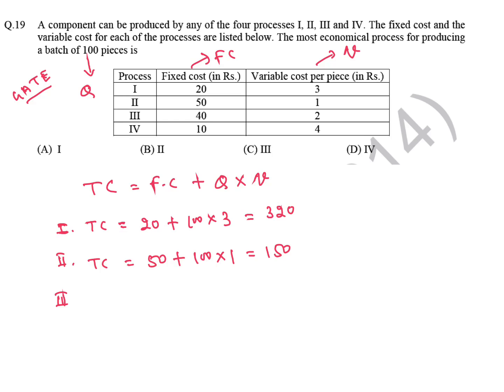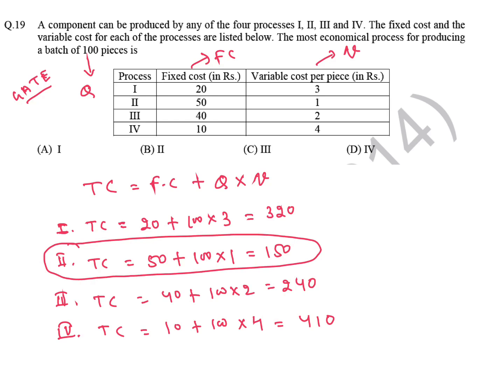Then for the third, total cost is 40 fixed cost plus 100 into 2. You will get 240 rupees. Then process IV, total cost is 10 plus 100 into unit variable cost, so you will get 410. So the minimum is this one, the most economical. B is the answer.